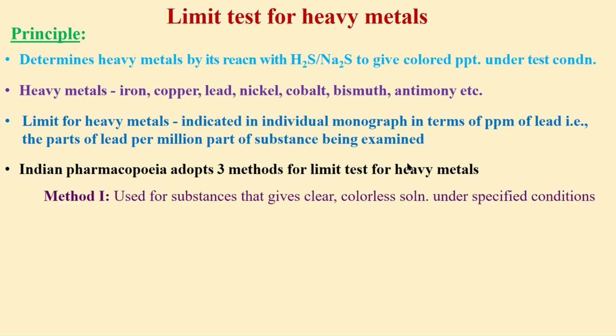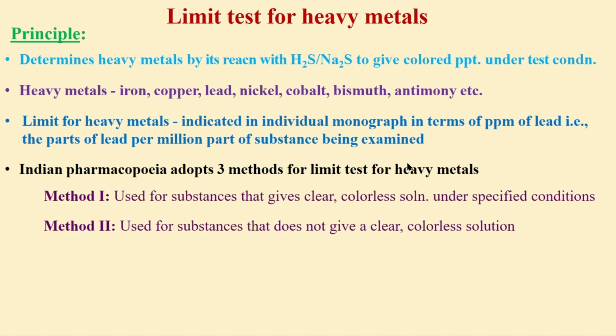The second method is used for those substances which do not give a clear colorless solution under standard specified conditions. If the substance dissolves in water and gives a clear colorless solution, method 1 is used. If it does not, method 2 is used.